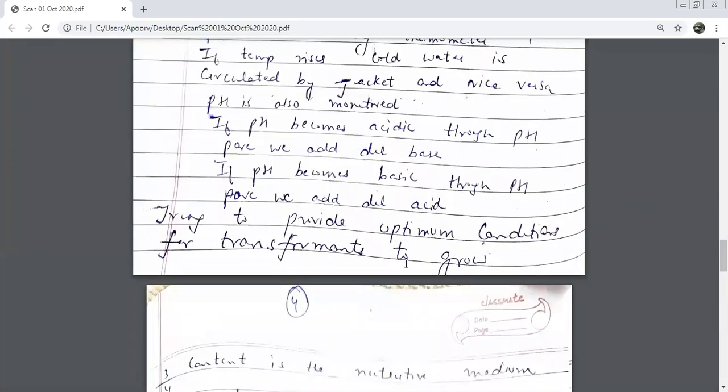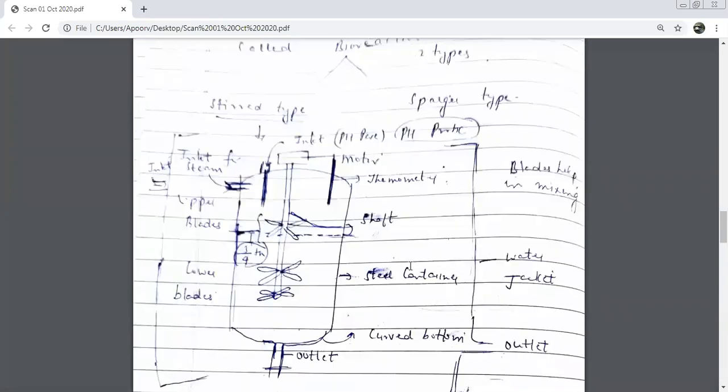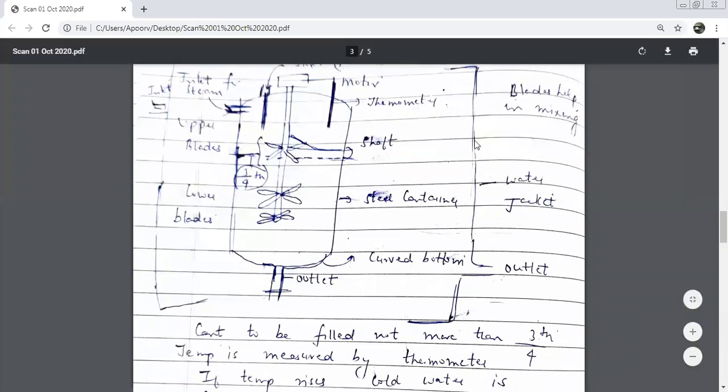The body was made up of what? Steel. And we had this jacket over here. What was this jacket? Water jacket. The base is what? Curved. We have an outlet over here. We have a motor. What is connected to the motor? Shaft.